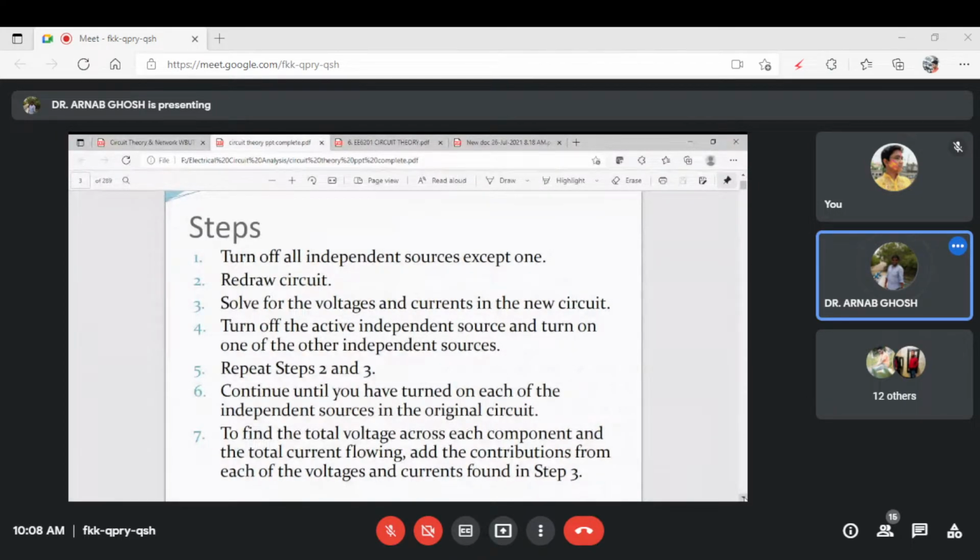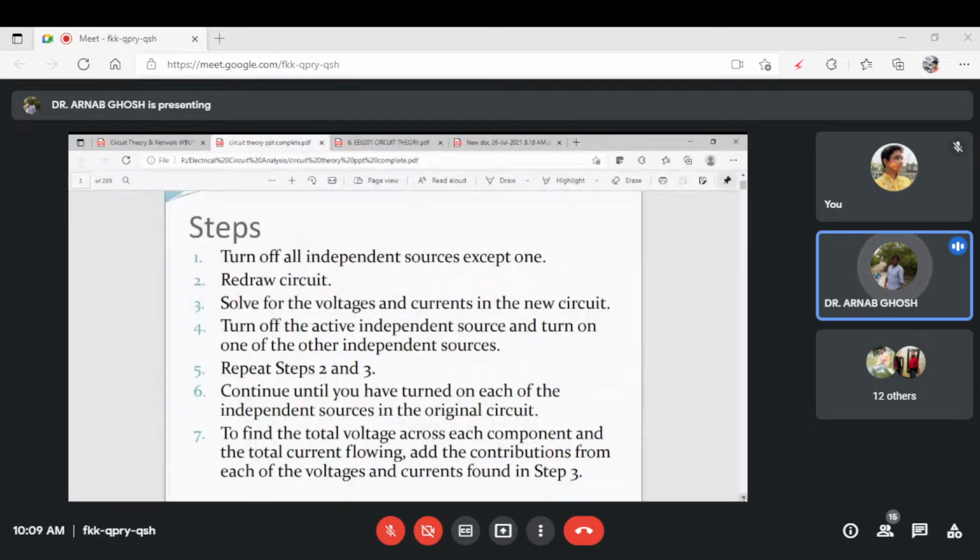Now you turn off that independent source and turn on another independent source, and you repeat the steps.